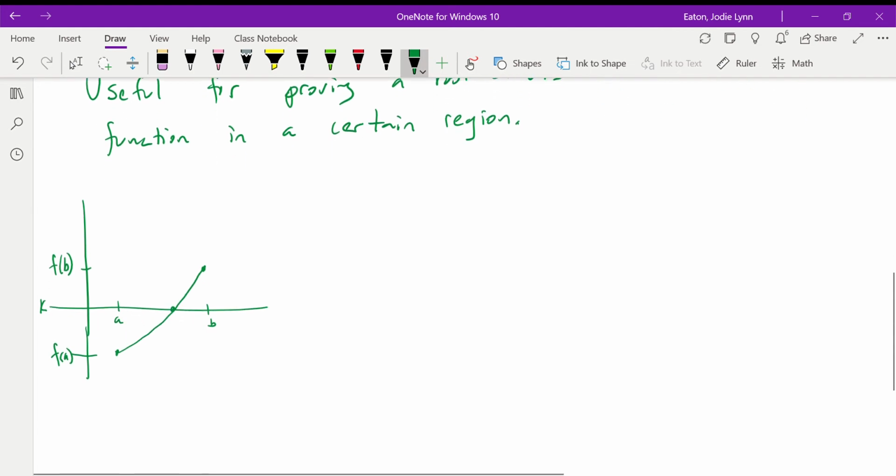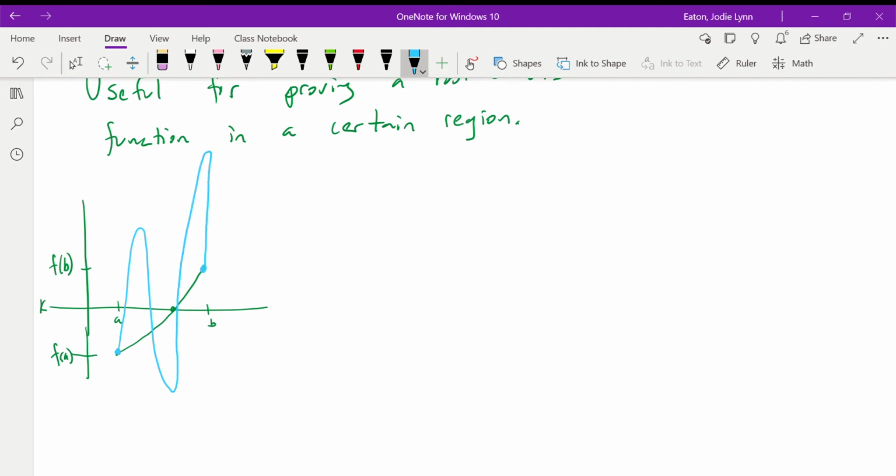The intermediate value theorem doesn't say that there can't be more roots. It just says that there has to be at least one. Let's do a different color. There are many paths a function can take if it's continuous. We could start here and end here and do something more like this, go up and down, then way up and then back down. That's okay, as long as it's still a function and we don't have any truly vertical lines here.